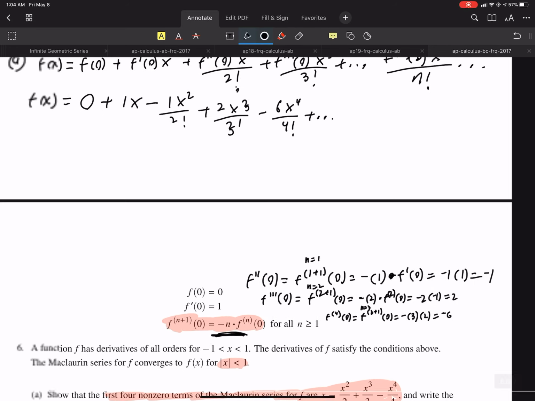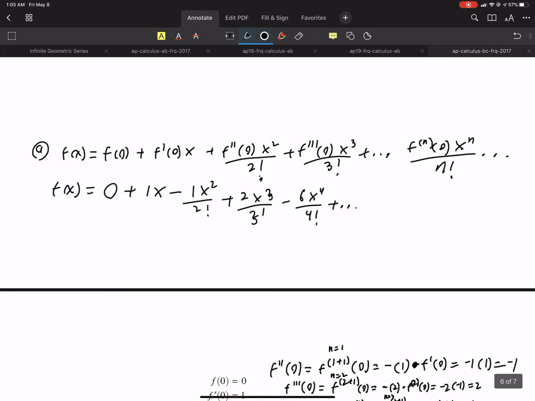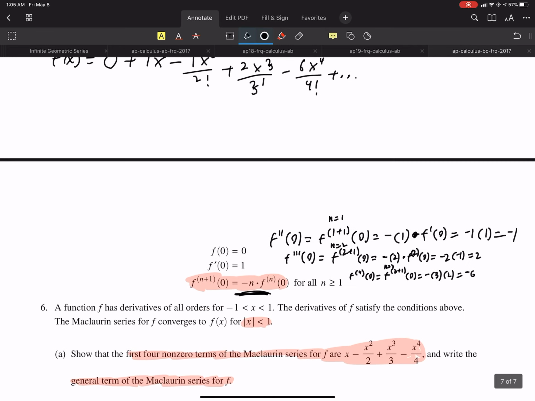Now I need my general term. Now, here's the problem. This is a little tricky. The nth derivative is right here, but it's a recursive formula.